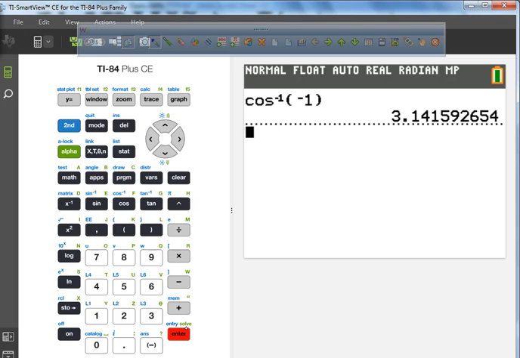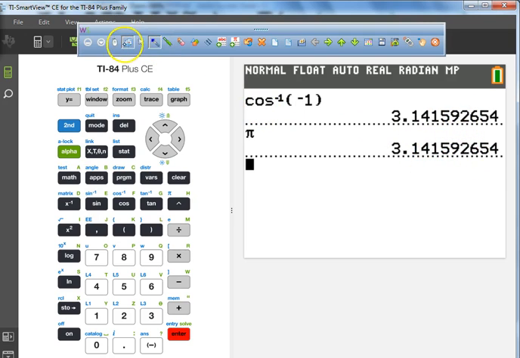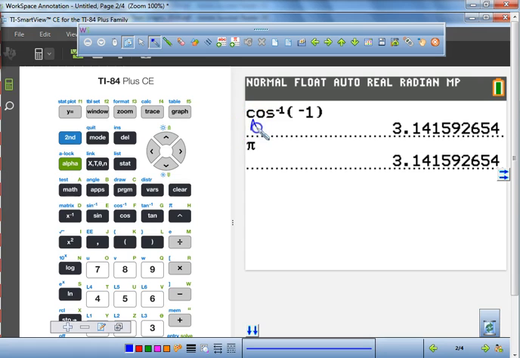Now, I'm not sure if you guys are very familiar with the value of pi, but if you type in pi and press enter, there is an approximate value. And you'll notice that, by the way, all I did was change it from what? Arc cosine of -1. So what is the arc cosine of -1 actually equal to? Pi.